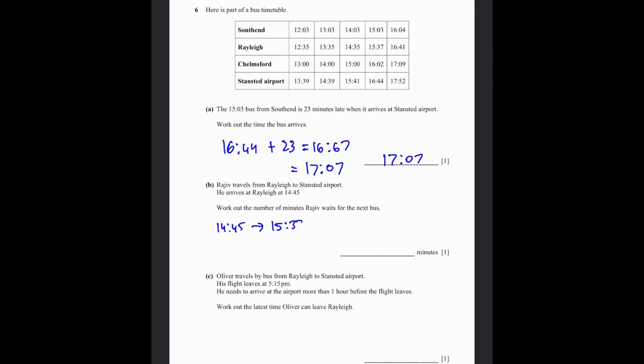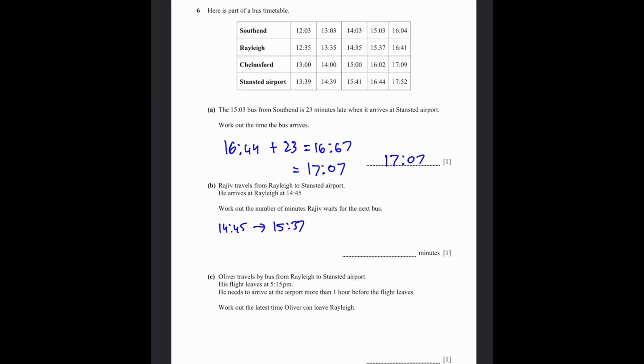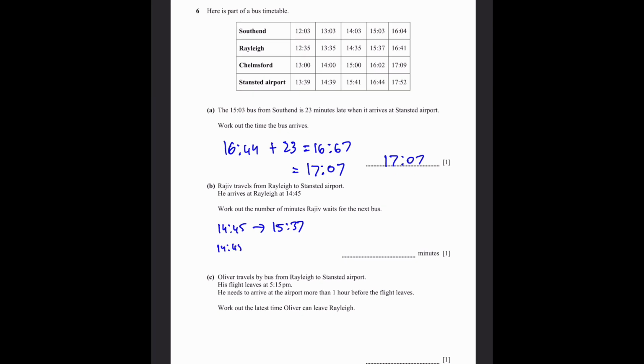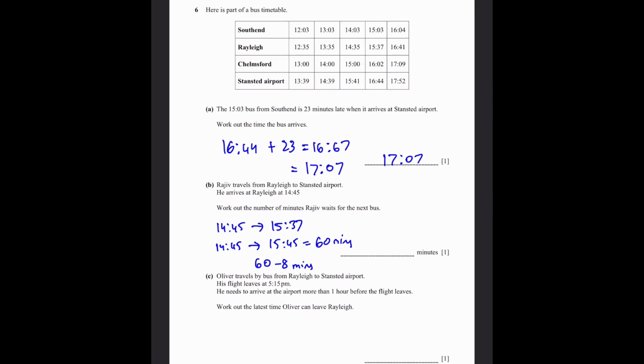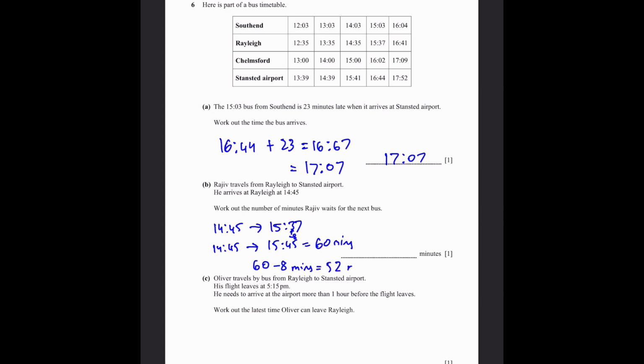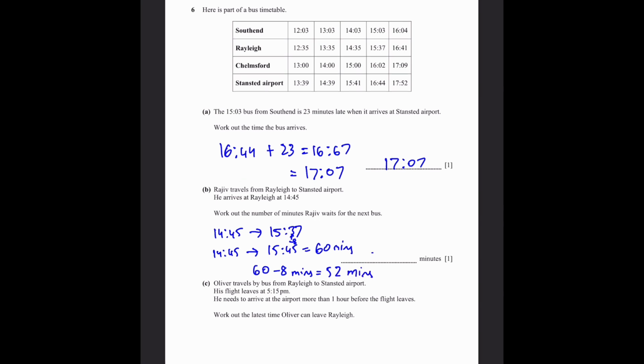So now if we make this 14:45 to 15:45 is 1 hour, which is 60 minutes. And then 60 minutes minus 8 minutes, because 45 minus 8 is equal to 37. 60 minus 8 is equal to 52 minutes. And that is the answer.